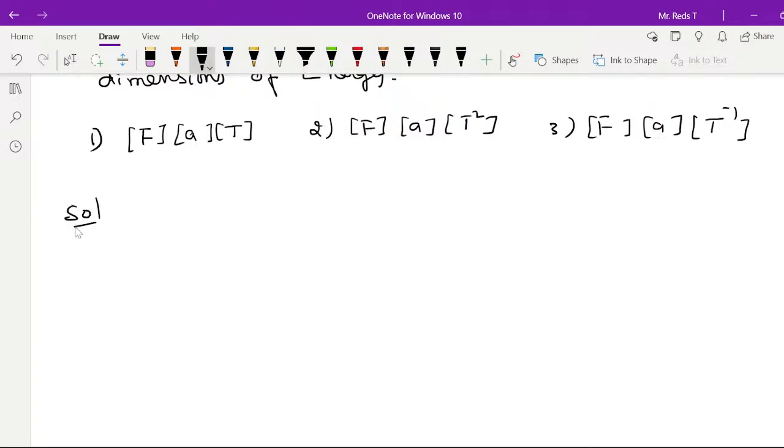First, you have to understand that as per SI system there are 7 fundamental quantities: length, mass, time, current, temperature, amount of substance, luminous intensity. But here, as per this question, force, acceleration, and time are chosen as fundamental physical quantities.